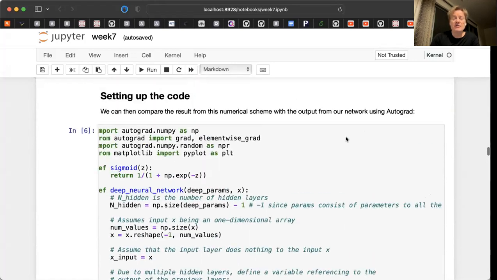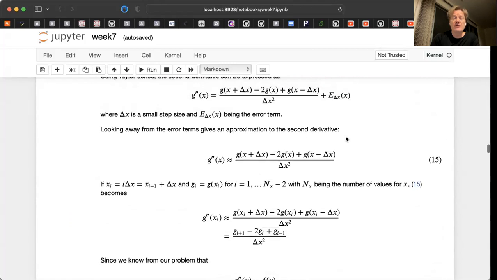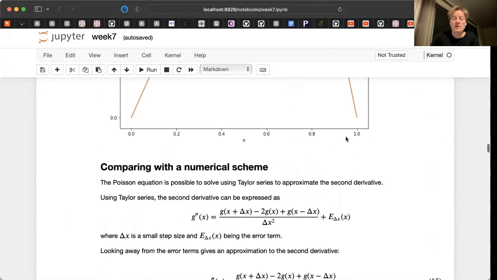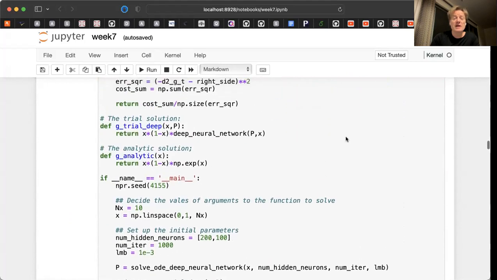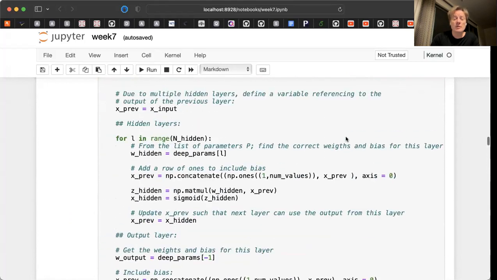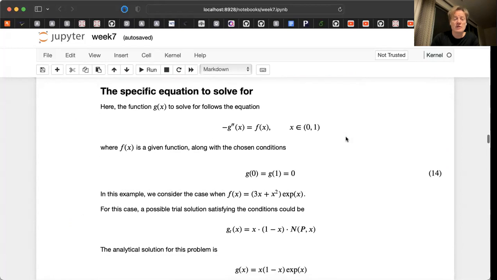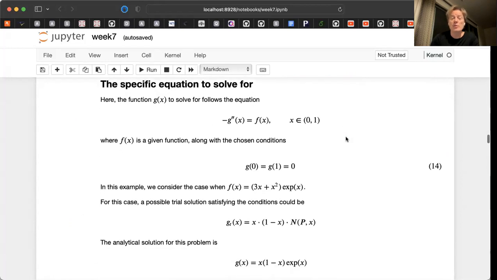The basics of solving a differential equation or a partial differential equation with neural networks: the equation we were looking at last time was the Poisson equation in one dimension. This equation has been stripped of all the physical constants of the system, and we end up with simply a second derivative, which is equal to a function f of x.